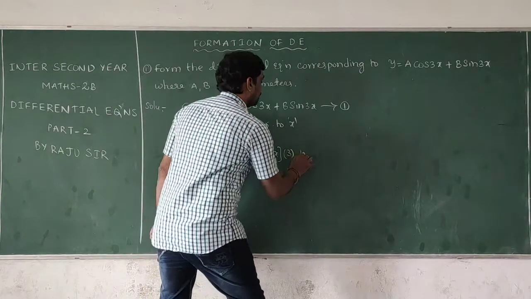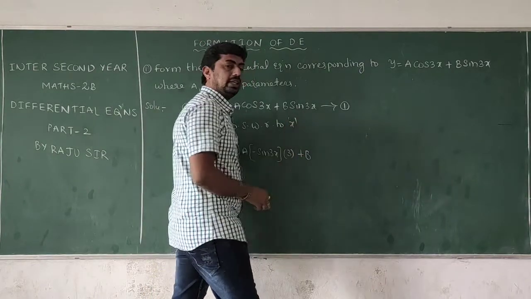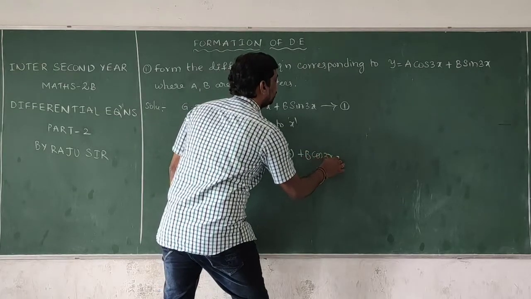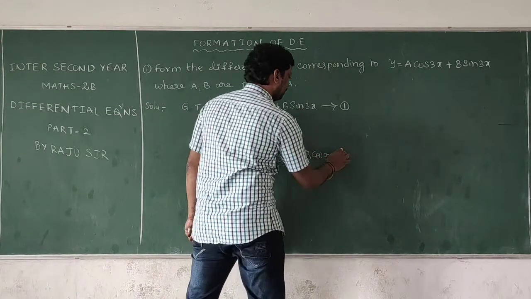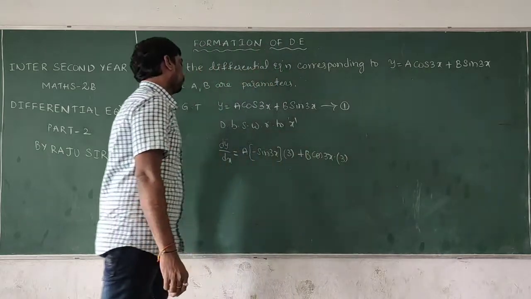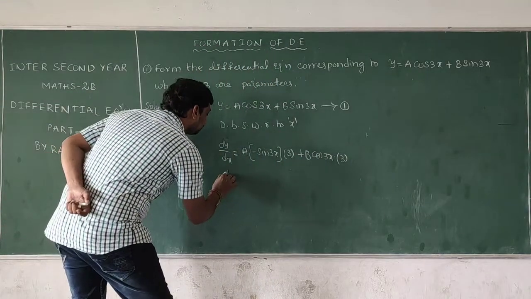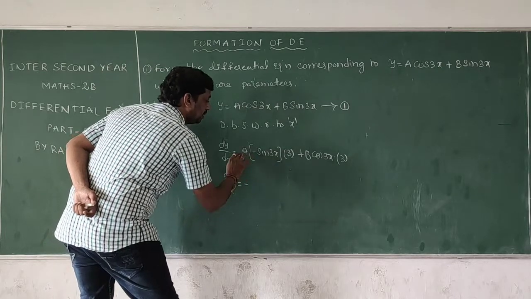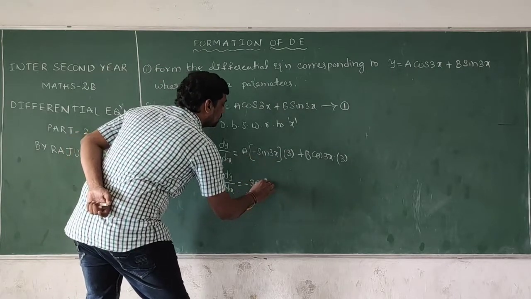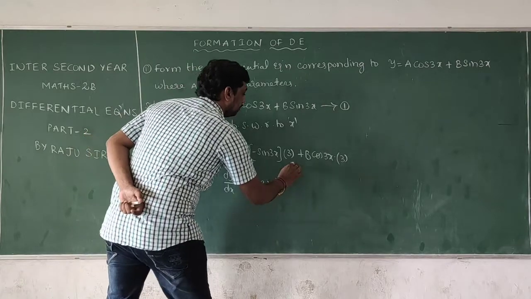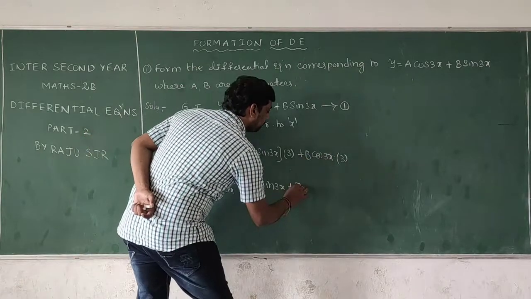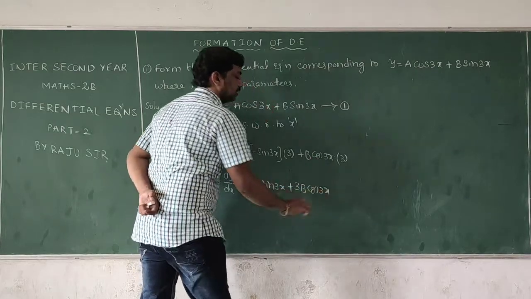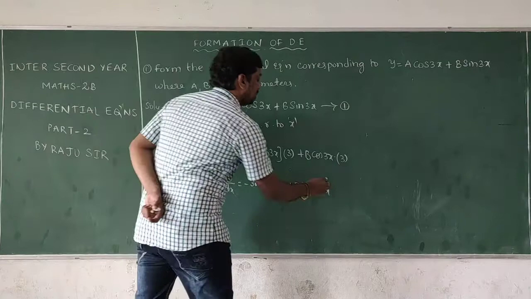Now plus b is a constant, sin 3x differentiation is cos 3x into the internal function differentiation 3. So dy by dx is minus 3a sin 3x plus 3b cos 3x. Take this as the second equation.